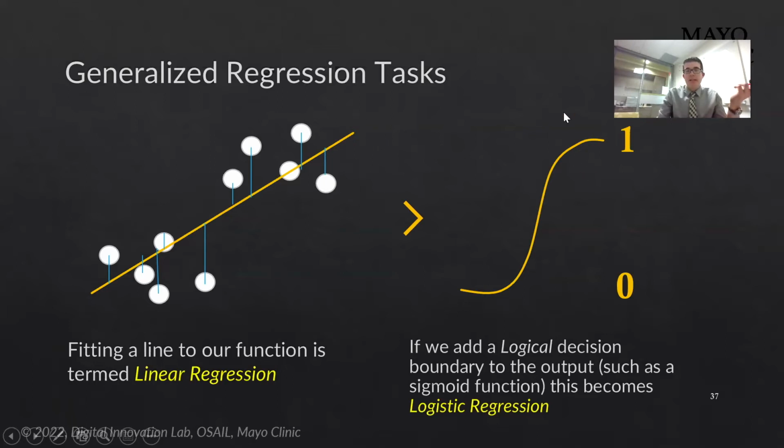The way we do this is with an activation function. An activation function is a nonlinear function that basically forces your output to be either 0 or 1. In this case, 1 would be a positive prediction and 0 would be a negative prediction. So wherever our prediction falls along this line, it's going to be forced to a classification threshold.